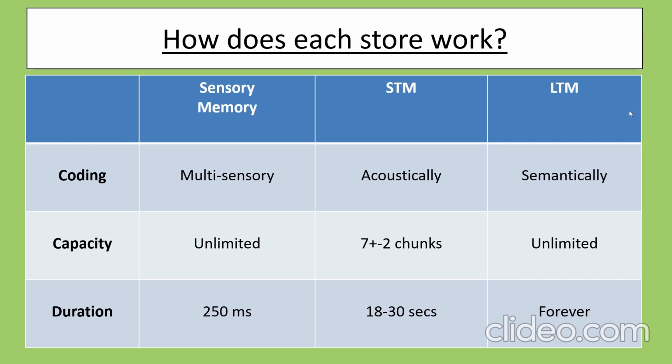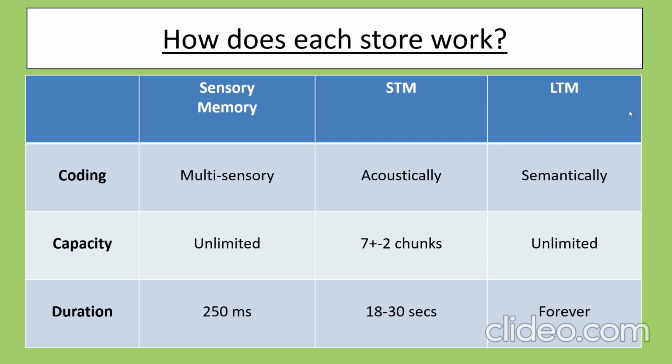We've got the three stores, just like the diagram: the sensory memory, the short-term memory, and the long-term memory. Sensory memory codes, which means it processes the information, in a multi-sensory way. That's just because your sensory memory is all five of your senses, so it processes it the way that the information is coming in.